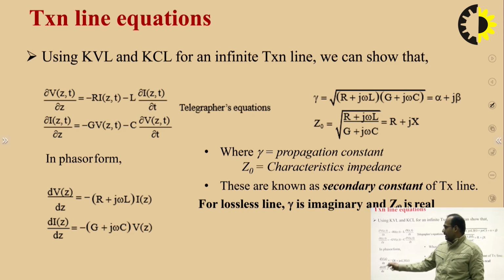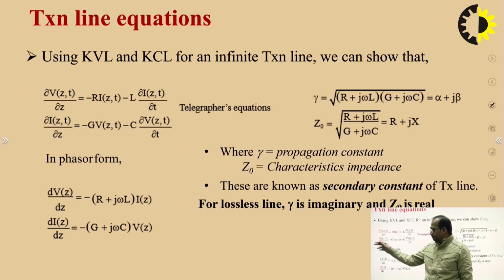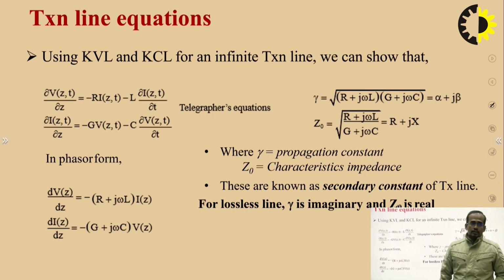When we take the Laplace transform, it will become dIz by dz is equal to minus G plus j omega C into Vz. Basically this is a function of t and this is a function of z and t. Both I and V are functions of z and t. If I take the Laplace transform of this, then we will get these two equations.